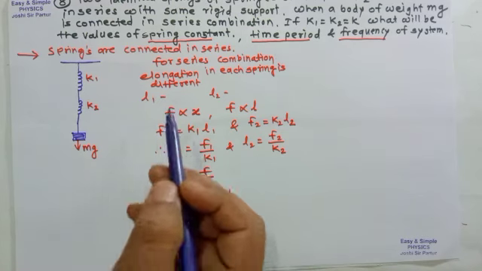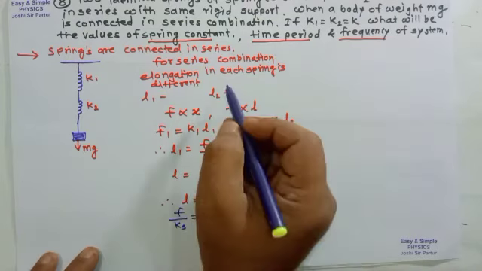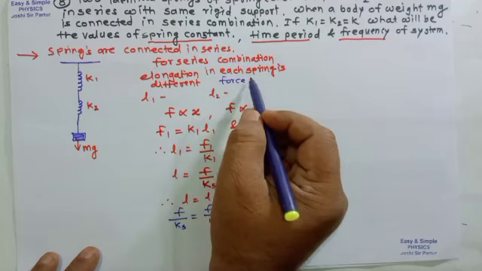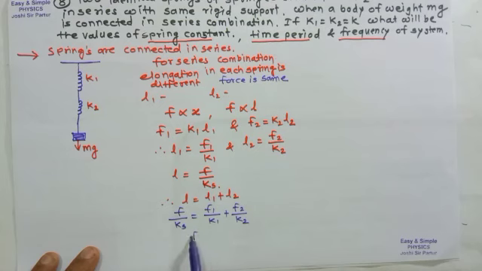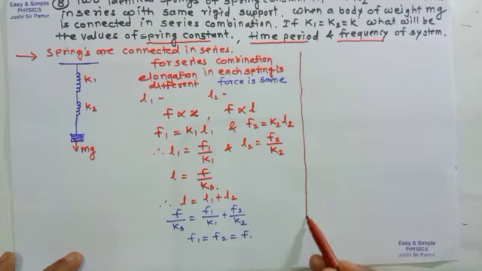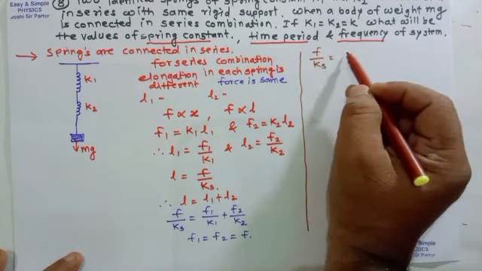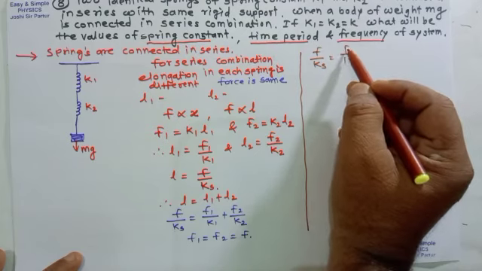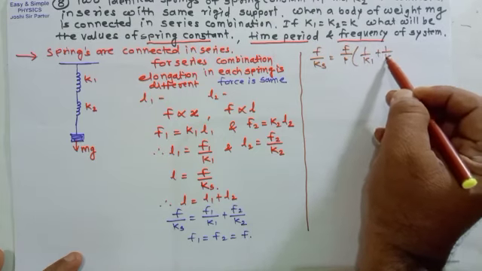Here when elongation in each spring will be different, then force is same. So for same force, F1 equal to F2 equal to F. So here we can write as F upon Ks is equal to F in bracket 1 upon K1 plus 1 upon K2.